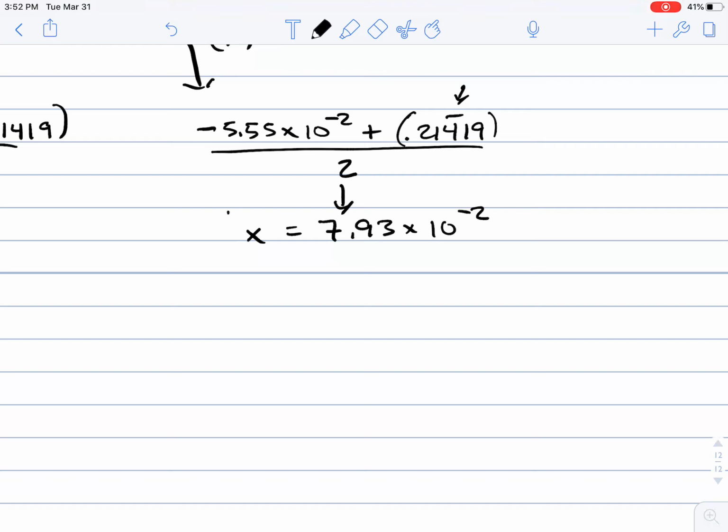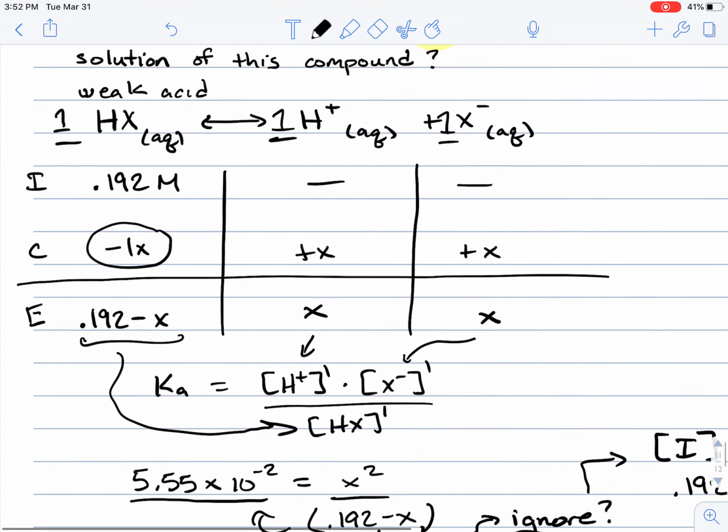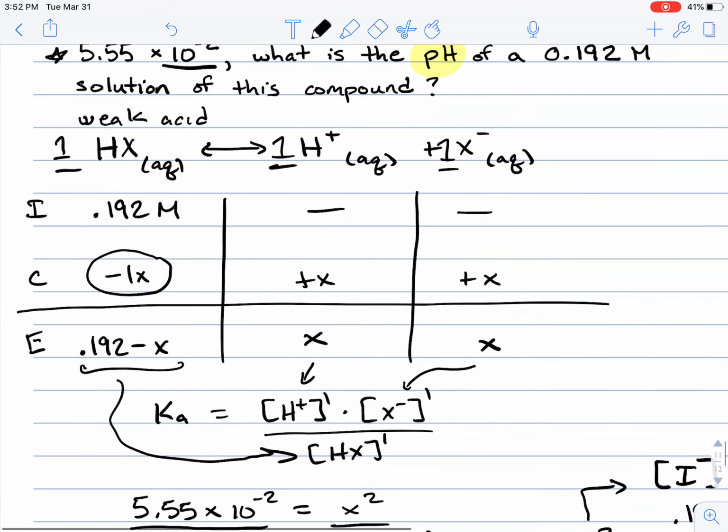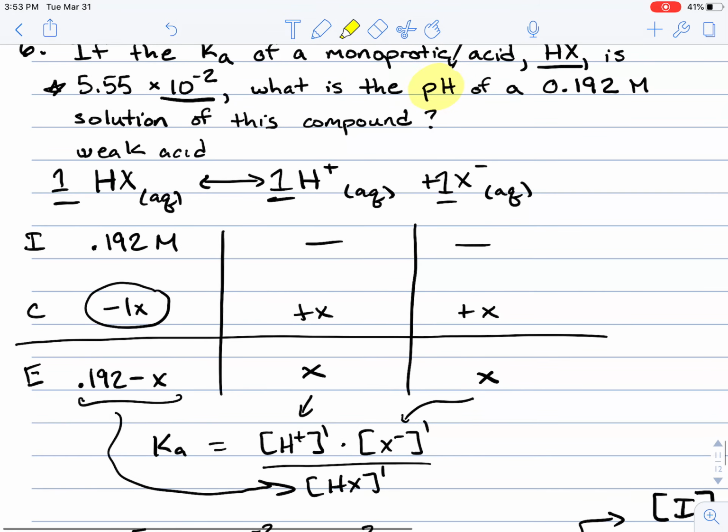Cool. And so if this is the value for x, this is the value for the change. And so once we figured out what the value of x is, we can go ahead and plug it into our ICE table. So basically anywhere you see x, you guys can go ahead and plug in 7.93 times 10 to the negative 2.